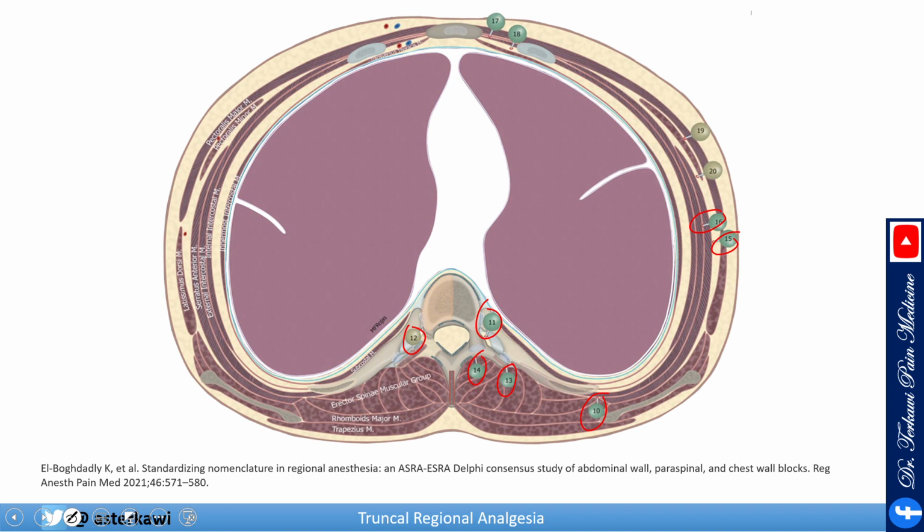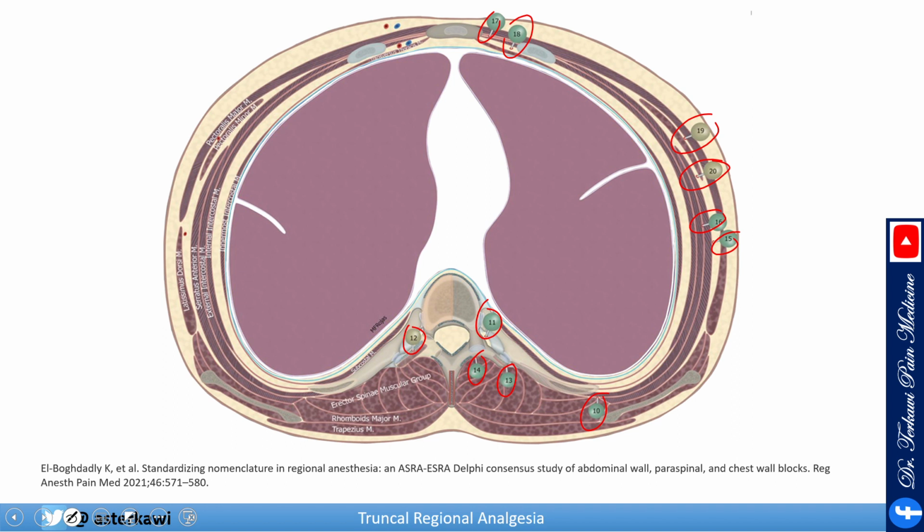And then 17 here is the superficial parasternal intercostal plane block, between pectoralis major and internal intercostal muscle. Then here you can do the deep PIP, the parasternal intercostal plane block, and 19, the interpectoral plane block, which is basically PECS 1, and 20 is the pectoserratus plane block, which is basically PECS 2.